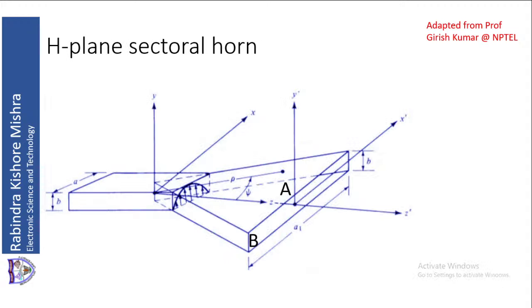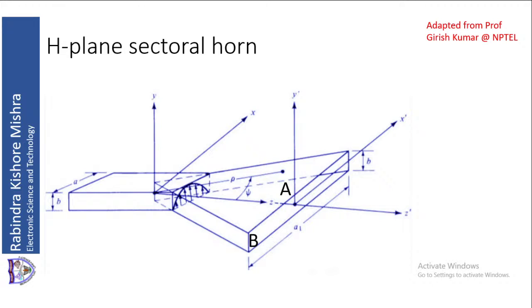In the H-plane sectoral horn antenna, the height B remains constant. Height B does not change, but the width changes. Since the width keeps on changing, the expansion is along the a-axis, or along the x-axis, instead of along the b-axis, or y-axis.